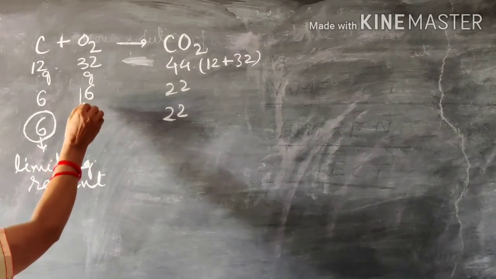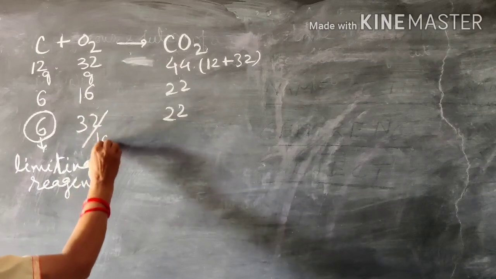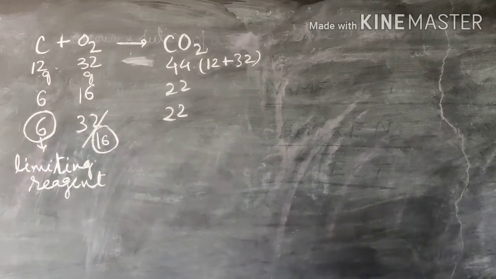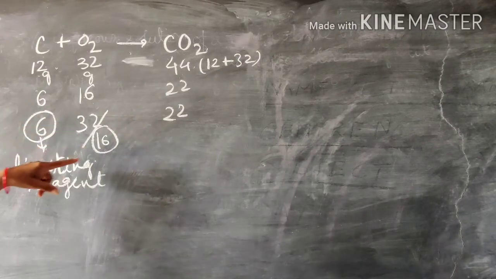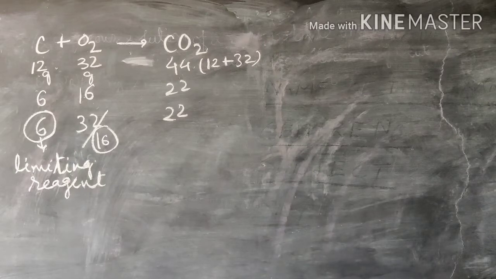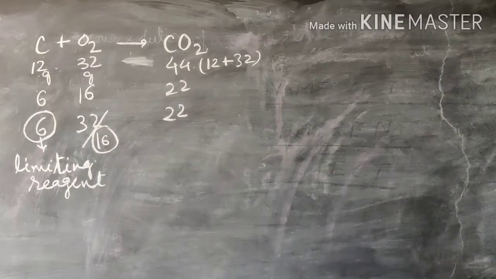Only 16 gram of the oxygen will be used. So here the carbon is the limiting reagent and oxygen is the excess reagent, and the amount of carbon dioxide will be 22 gram.